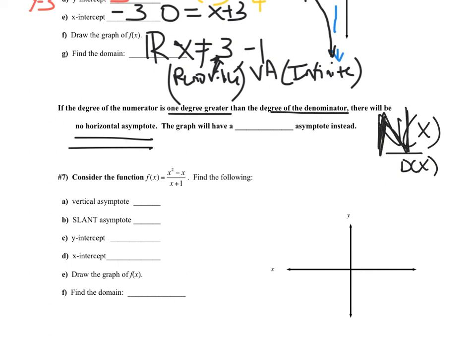But if it's 1 degree greater, so an x squared over an x, or an x cubed over an x squared, then the graph's going to have a slant asymptote instead. So your graph's going to have a slant asymptote. It's very exciting. So let's do number 7, last one.